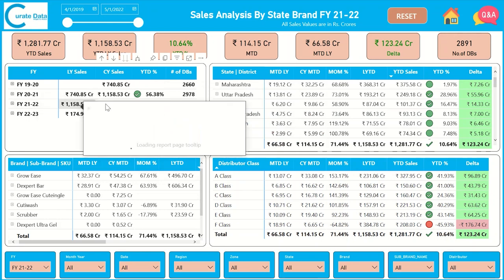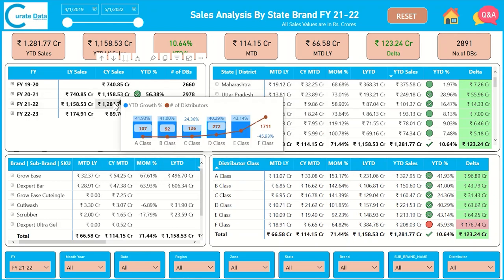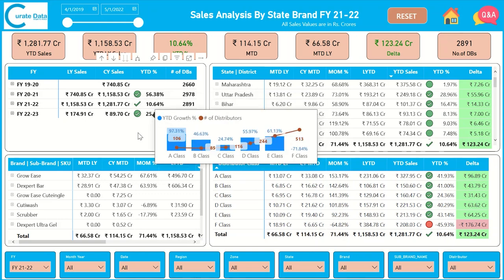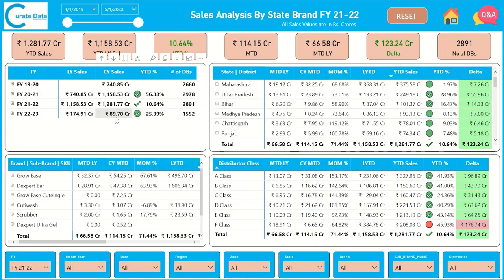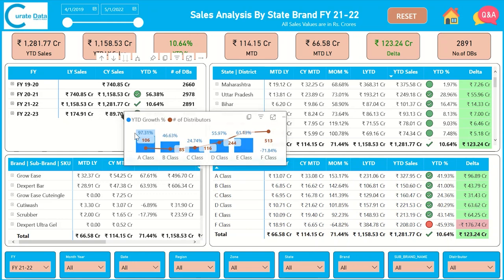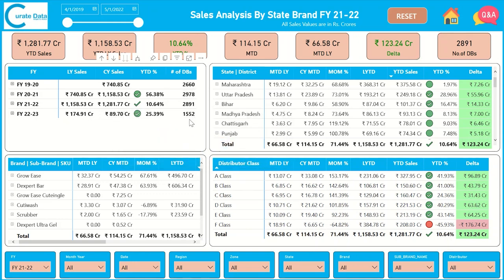And in 21-22, the company did the sales of 1281 crores with the growth of roughly 10%. And in 22-23, there is roughly 90 crore sales because the data is incomplete. The sales is till the month of June. Now, you can also see the number of distributors who are contributing towards the sales for that particular financial year.